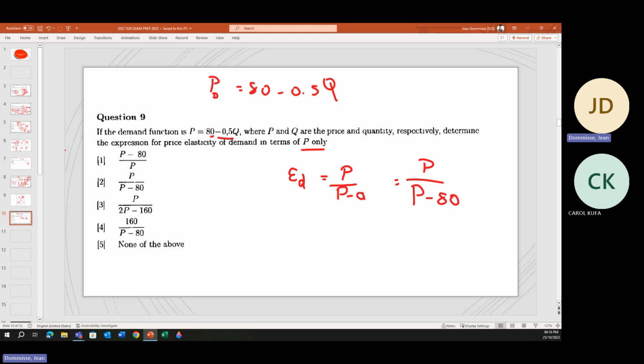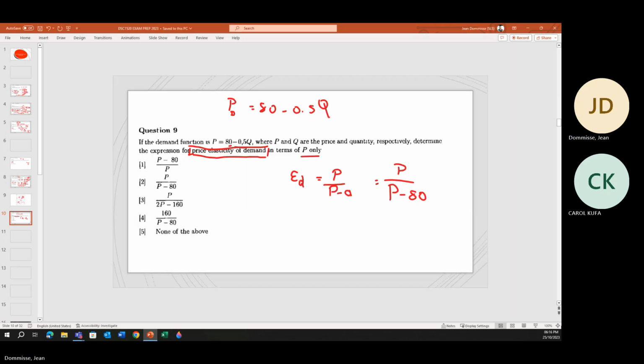Okay, so that would be, and remember, the price elasticity of demand in terms of P. Hopefully you can still see my screen. It just disappeared, but hopefully it's back now.